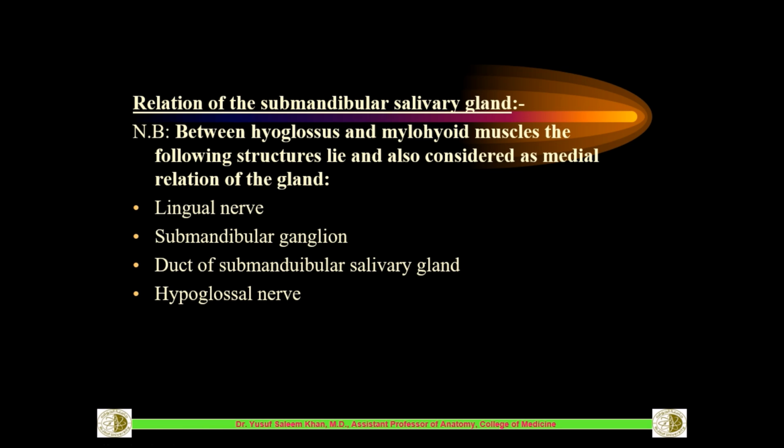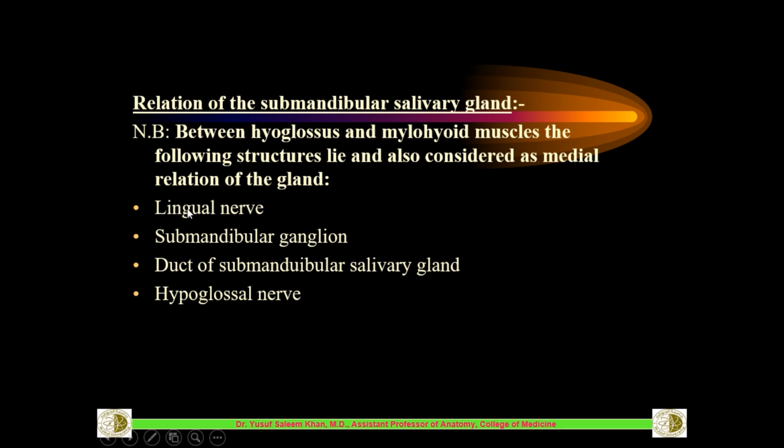Relations of the submandibular salivary gland. Note, between hyoglossus and mylohyoid muscle, the following structures lie and are also considered medial relations of the gland.